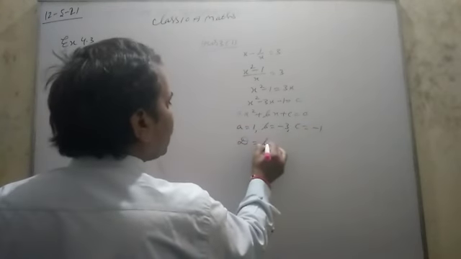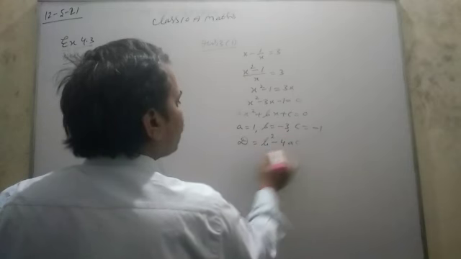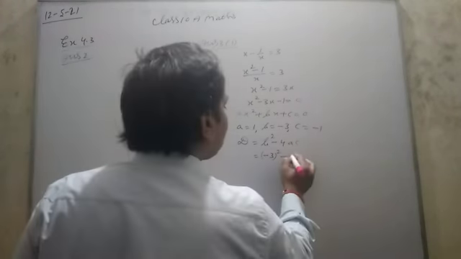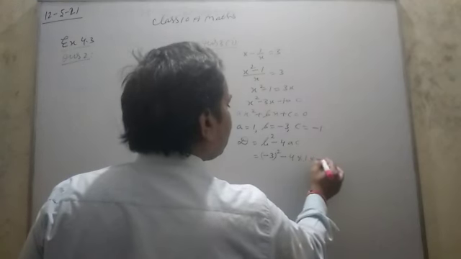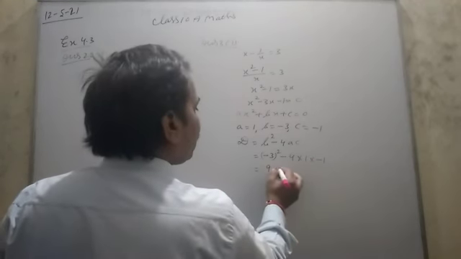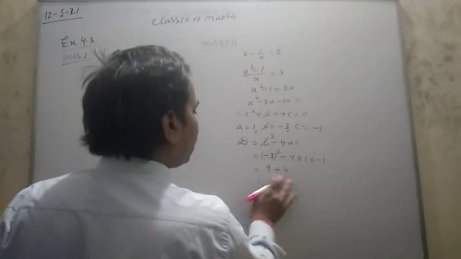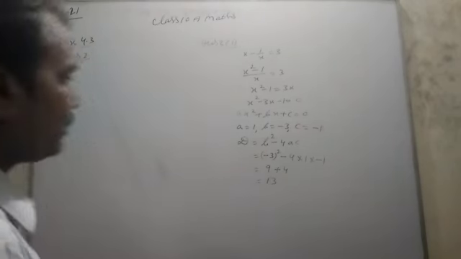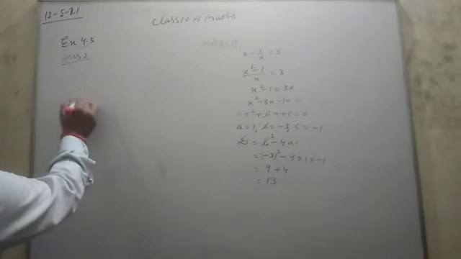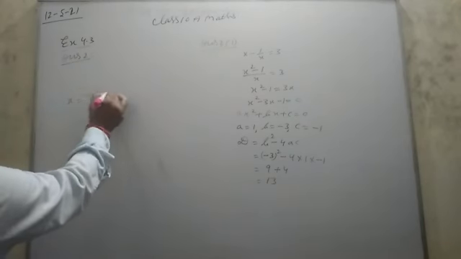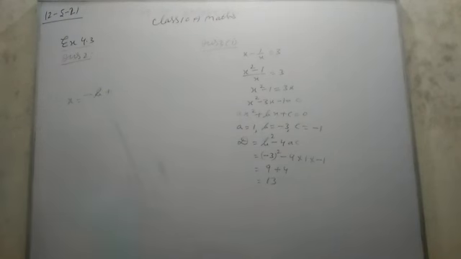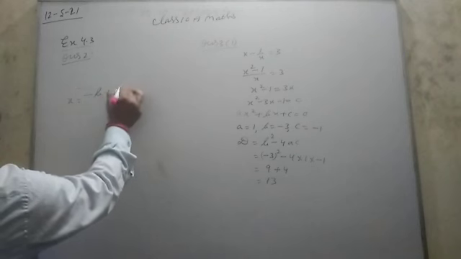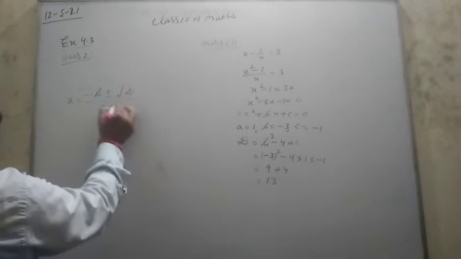So find the discriminant, b square minus 4ac. So minus 3 whole square minus 4 into a, that is 1, into c, that is minus 1. So 9 plus 4 is 13. So D greater than 0 means roots exist. Then find by the quadratic formula. You write here, by using the quadratic formula, minus b plus minus under root D upon 2a.